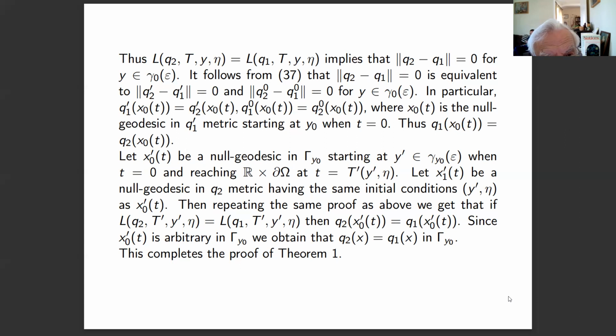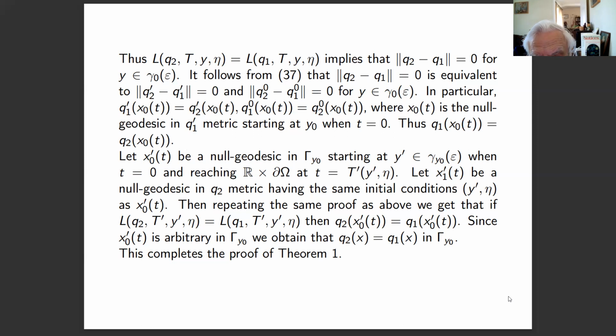Now let x0 prime be a null-geodesic starting at point y prime, an arbitrary point of gamma 1 prime, and reaching the boundary at point t prime, y prime, eta. Let x prime, x1 prime be null-geodesics having the same initial condition.